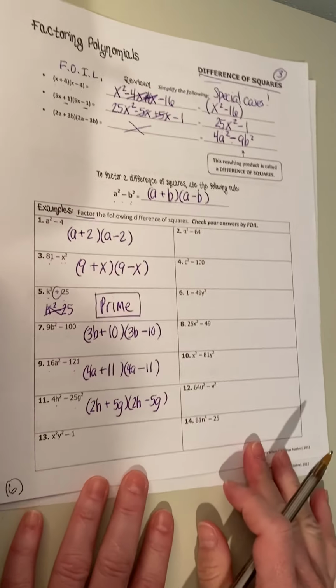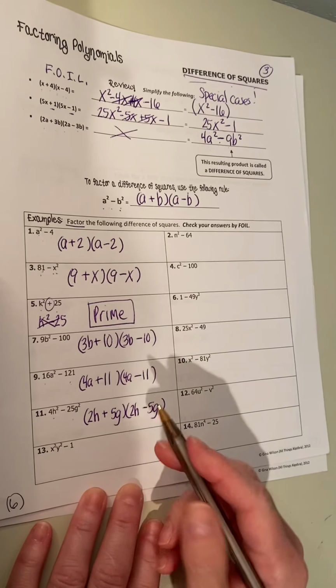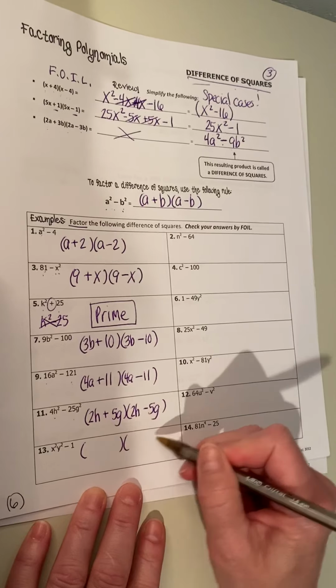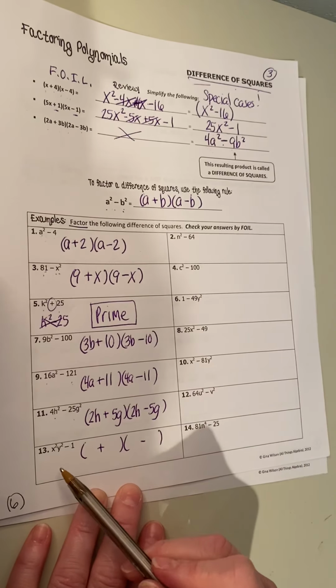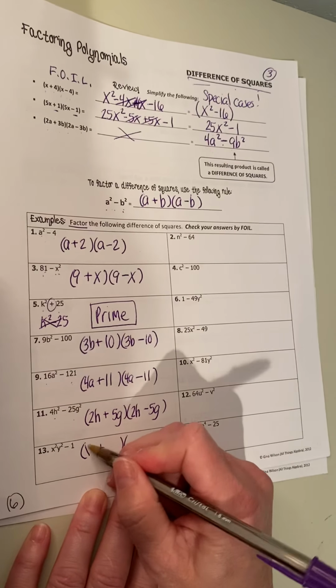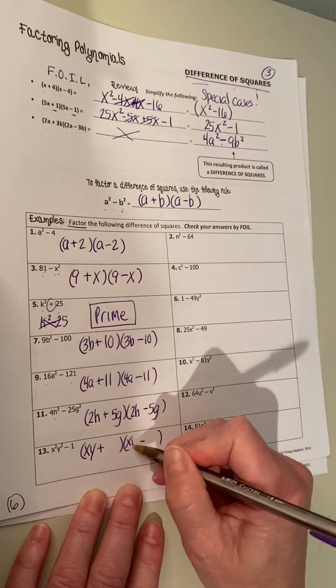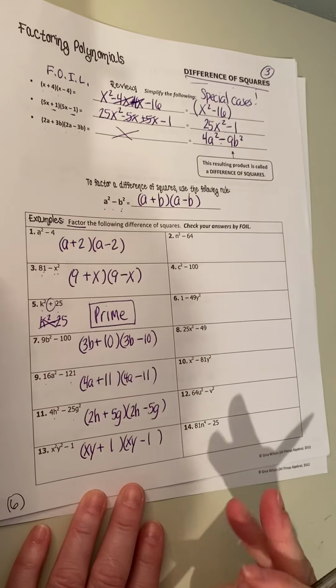This one looks a little weird, but it's a perfect square minus a perfect square. 1 is a perfect square. So I will set it up. Here's my plus sign, here's my minus sign. And the square root of x squared y squared is simply xy. And then the square root of 1 is 1. And then that would be factored.